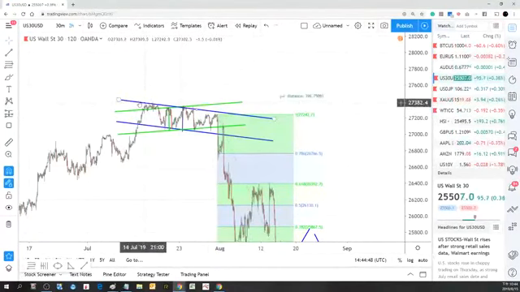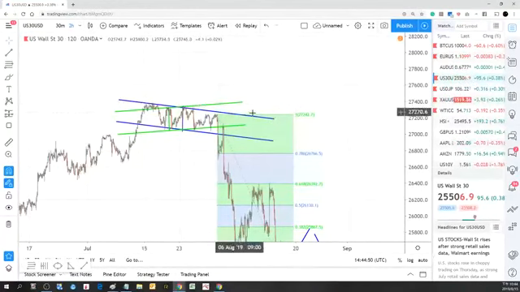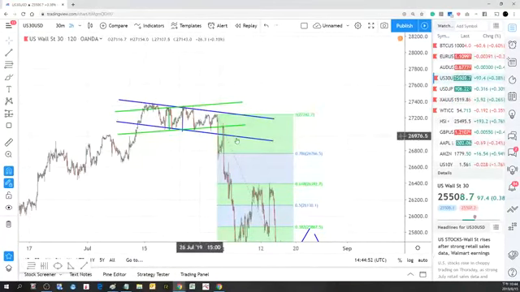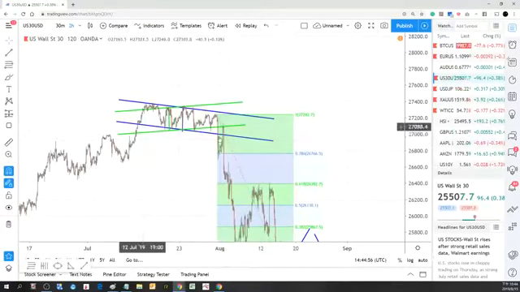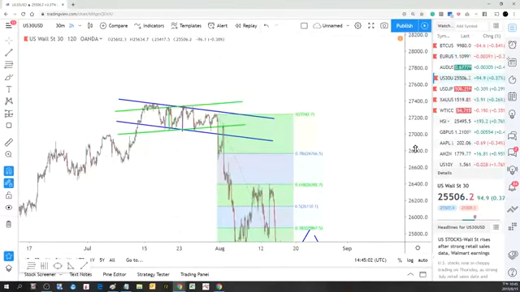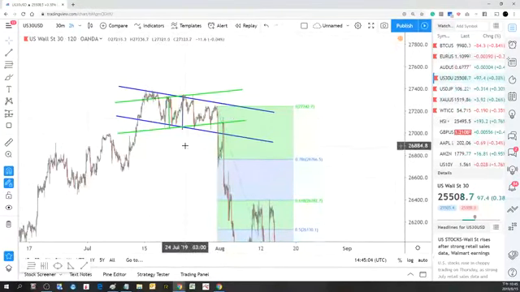Or you can connect these tops and form this blue line, which also draws a parallel line here, and then you can see the market going slightly down. So there are lots of different versions of it. Which one is correct? We'll never know. Or can we?